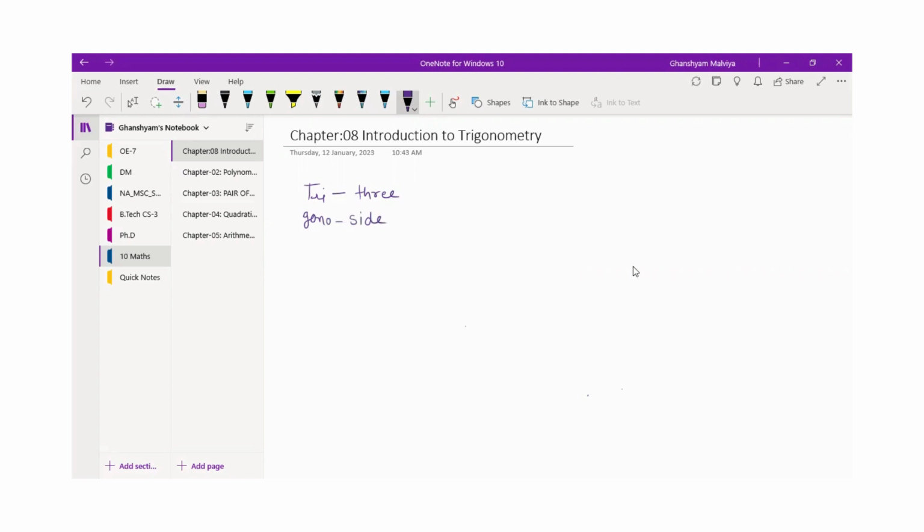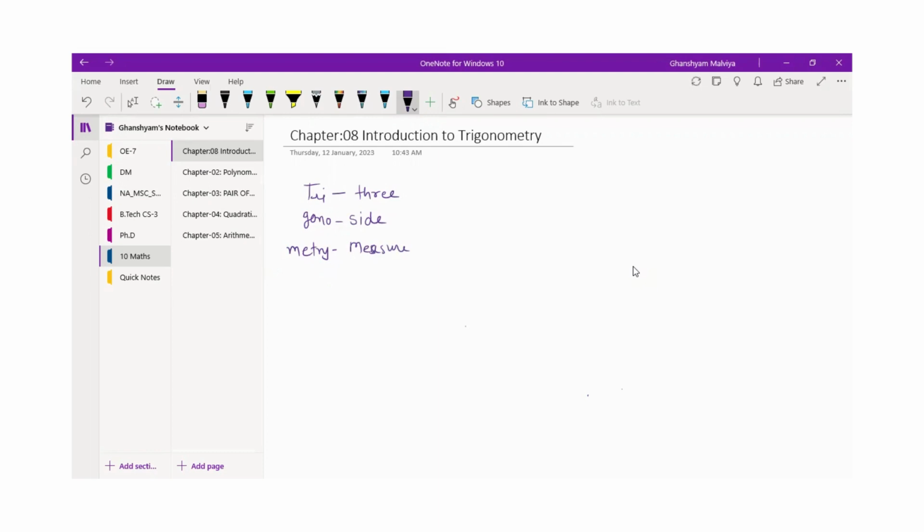Three, three sides, and metry is the meaning of measurement. Metry means measure.